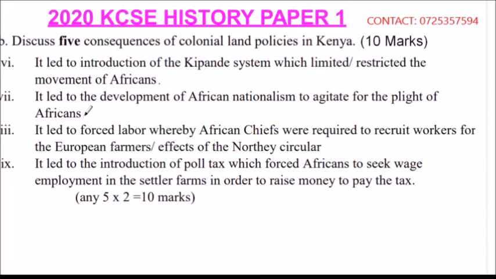So Africans, when the Africans were pushed so much, they started what we call African nationalism, and this was a movement to fight for their freedom, or seeking for their freedom. Number 8, it led to forced labor, where African chiefs were required to recruit workers for the European farms, effect of Northern Circular.